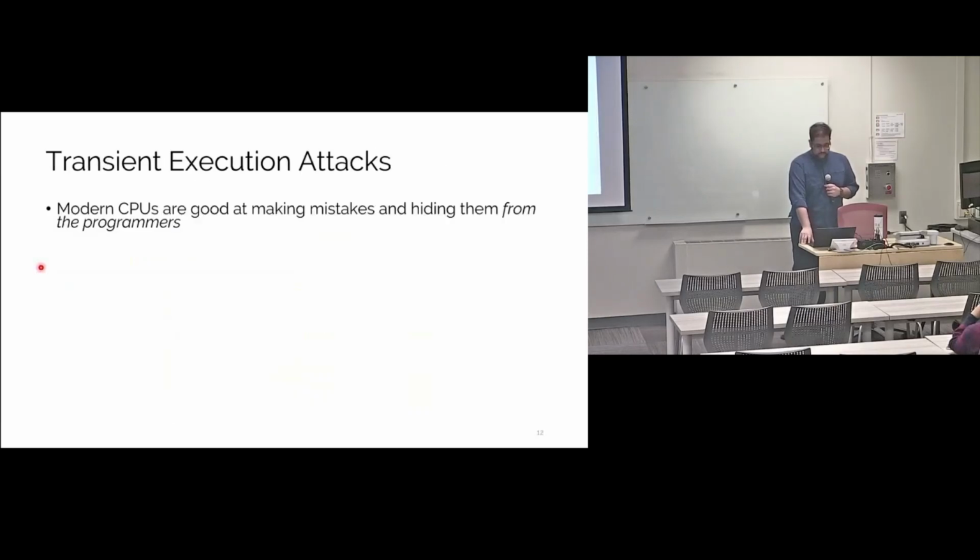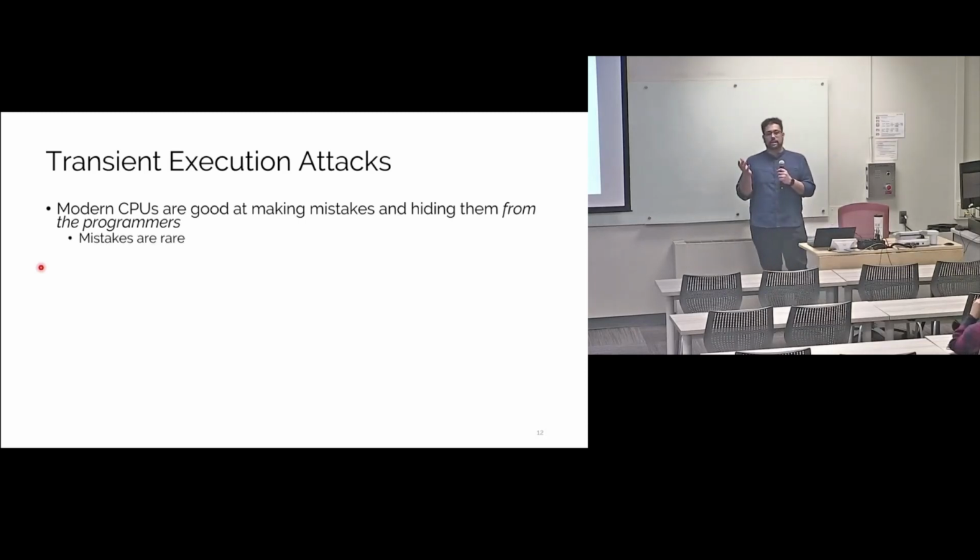Cool. Okay, let's move on to transient execution attacks. Modern CPUs are good at optimizing stuff. They're also good at making mistakes, and they're great at hiding them from programmers. Your chip makes a lot of mistakes in the microarchitecture all the time, you just don't see it because it's really good at handling them.